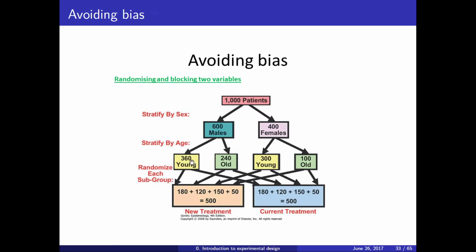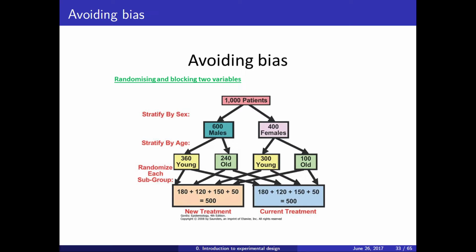So when you are at this point, you have very homogeneous groups: young males, old males, young females, and old females. They don't need to be balanced. If they are balanced, it is better, but if they are not, that's fine too.